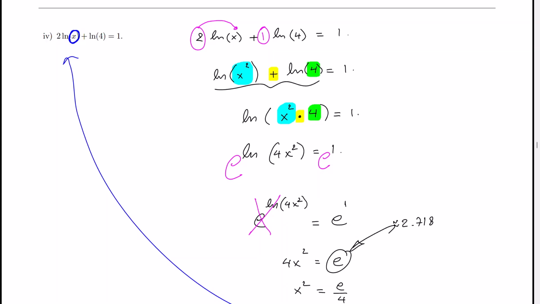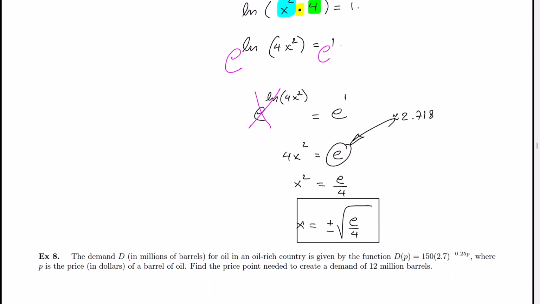It should only have a positive argument. So the final answer is not both plus and minus the square root of e over 4. It's actually just the positive version. So the negative cannot be counted as a solution because it would mess up the natural log. So this is the answer.